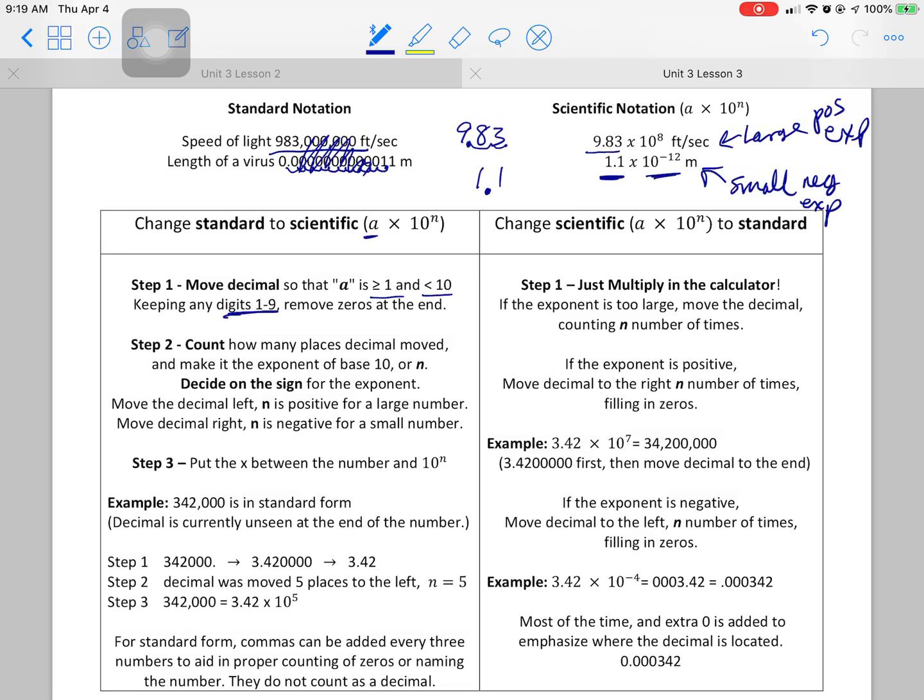Then you count how many places you're moving the decimal to make it the exponent base 10, and decide on the sign of the exponent. Move the decimal to the left, and n is positive for large numbers. Move it to the right, n is negative for small numbers. This n is what they're talking about right there. And then put an x between the number and 10. That's just that number times 10 to the whatever power.